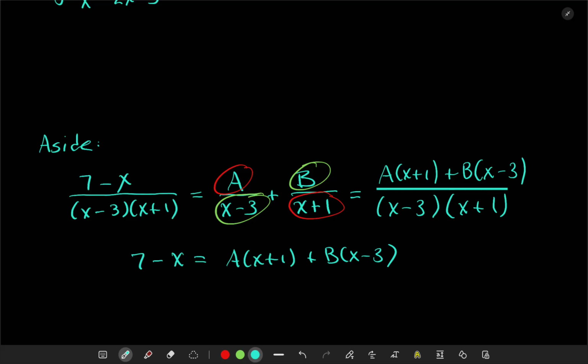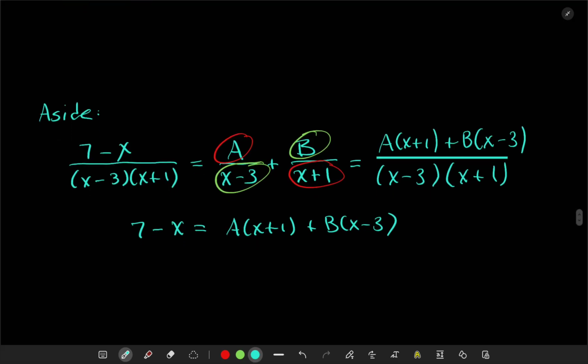So to solve, what I'm going to do is think about what happens when x is negative 1. If you evaluate at x equals negative 1, we will have that this term is going to cancel, because negative 1 plus 1 is 0 times a, whatever, that's 0.